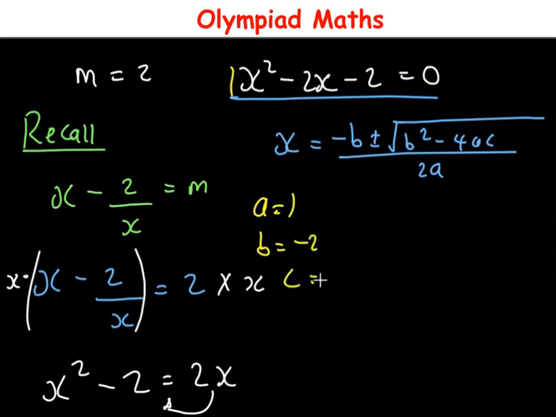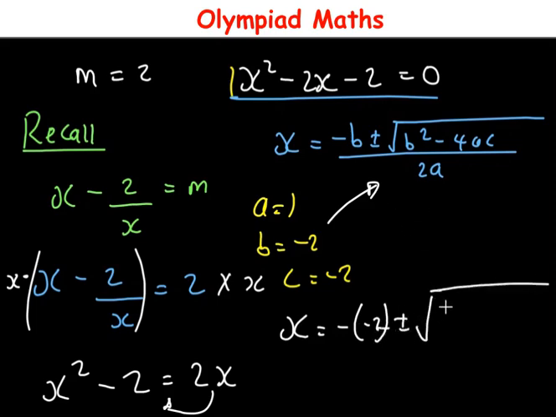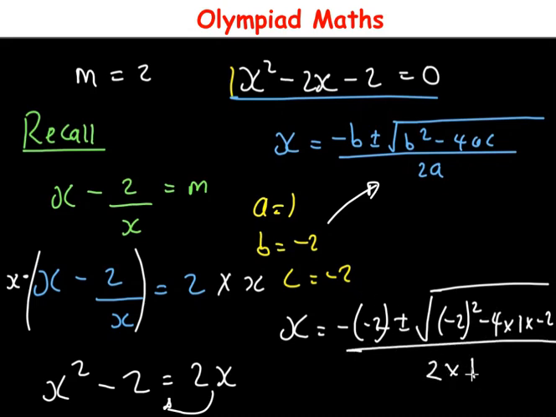The constant c is the constant, which is minus 2 also. So therefore, inputting these values of a, b, c into the given formula, we have that x is equal to minus b is minus 2 plus or minus square root b squared is minus 2 squared minus 4 times a is 1 times c is minus 2 all over 2 times a is 1.